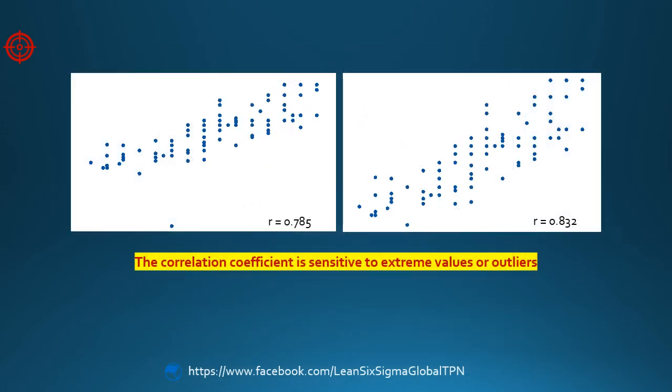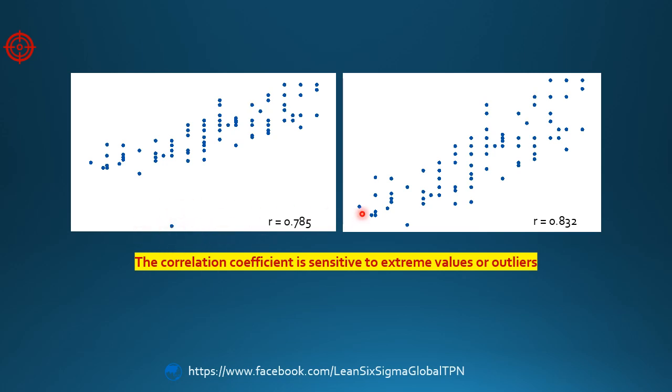Another important point to remember is that the correlation coefficient is sensitive to extreme values or outliers. To illustrate, look at this scatter plot. The correlation coefficient is 0.785. Now, what happens when the outlier is removed from the data?